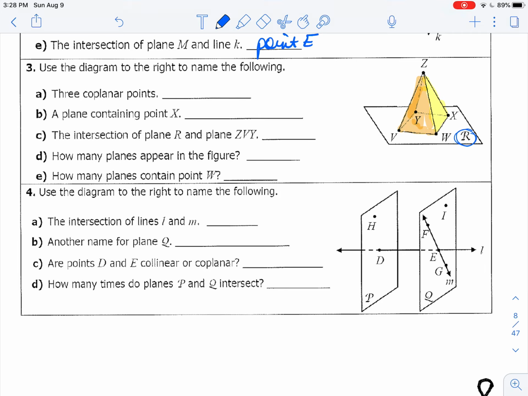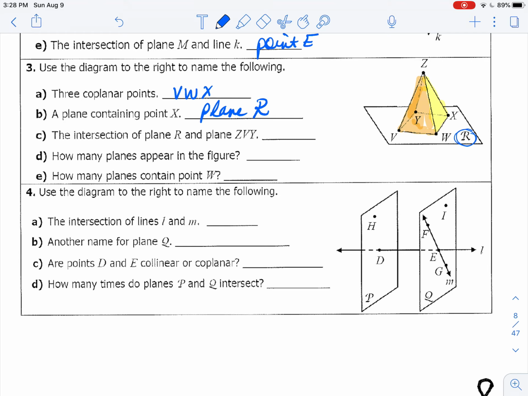I'll go ahead and just identify points V, W, X. Those lie on plane R. Or I could identify Z, W, X, that lies on the yellow plane, or V, W, Z, that lie on the orange plane. A plane containing point X, okay, we can just say plane R. But we could also identify it as plane XWZ or XYZ.